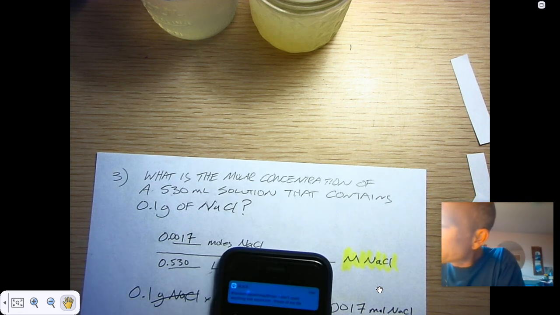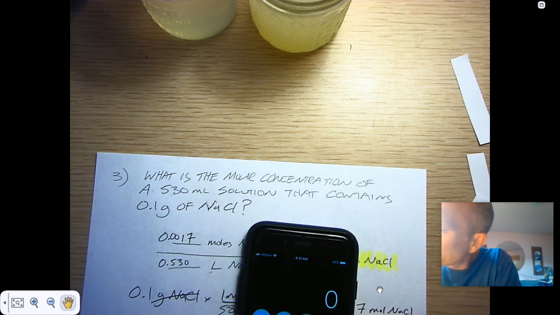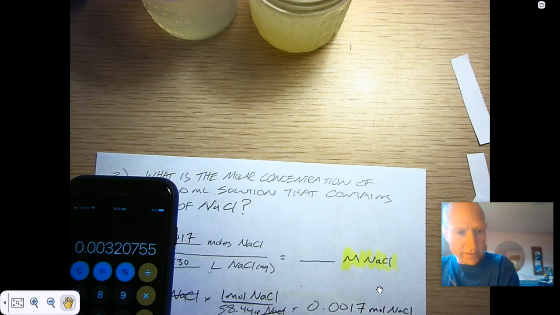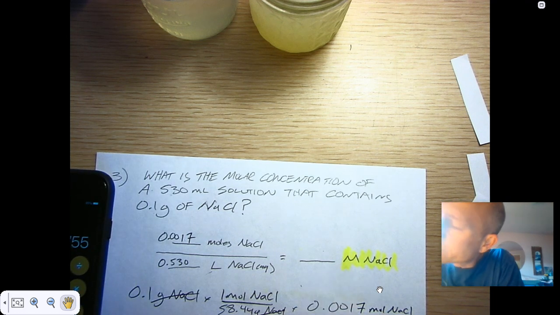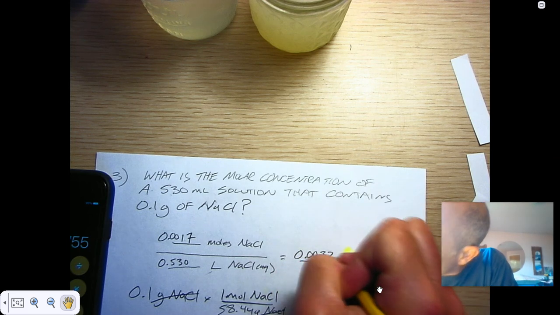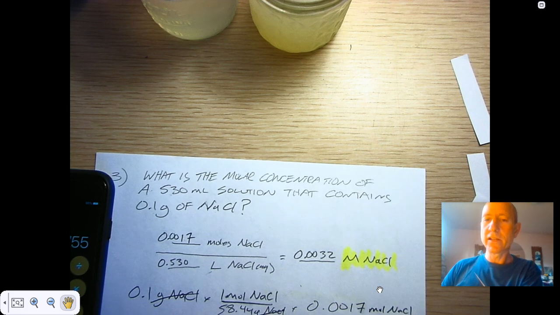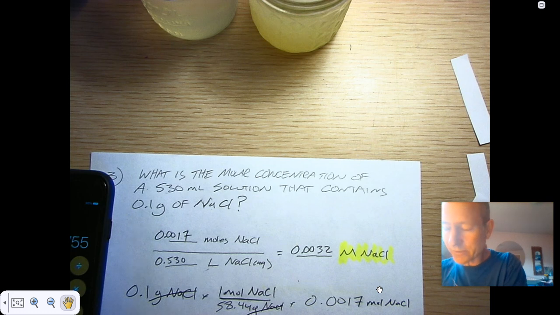So I would just take this number here, 0.0017 divided by 0.53 equals 0.0032 molar sodium chloride. So that's not a super high concentration of sodium chloride, but we might need a really small concentration of sodium chloride to conduct a reaction.